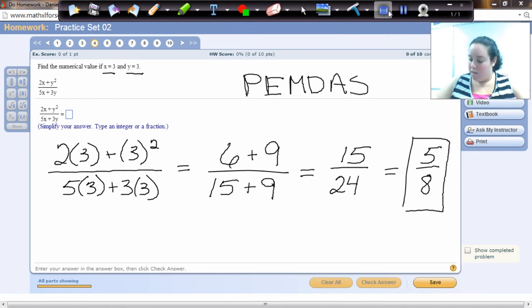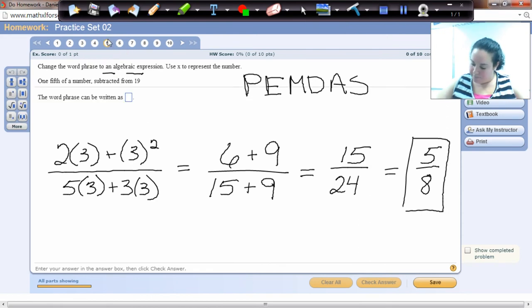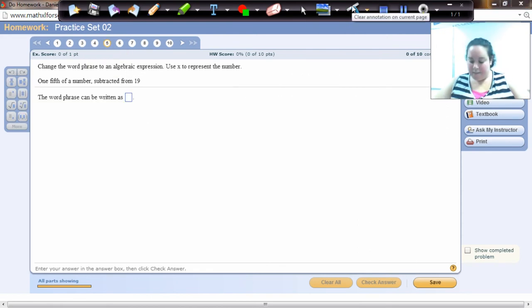Great job. All right, let us do number 5. It says change the word phrase. Notice they're telling you word phrase, no verb, that means no equal sign, to an algebraic expression. Remember expression, no equal sign. Use x to represent the number. 1/5 of a number subtracted from 19.